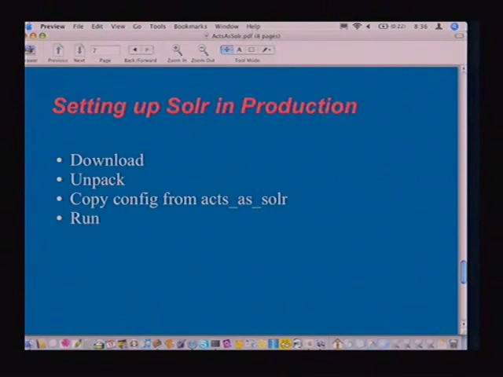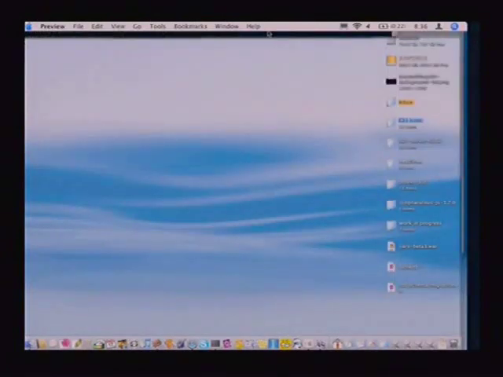It means you can customize it if you need to, but you should be able to just copy that file over and then run, and you're good to go. In my experience, we haven't had any real reason to tweak the configuration, but that is available to you should you need to.